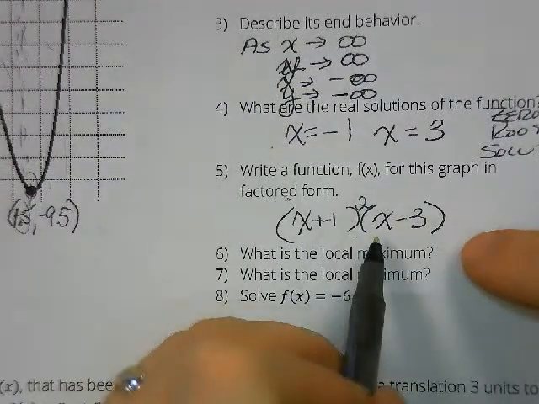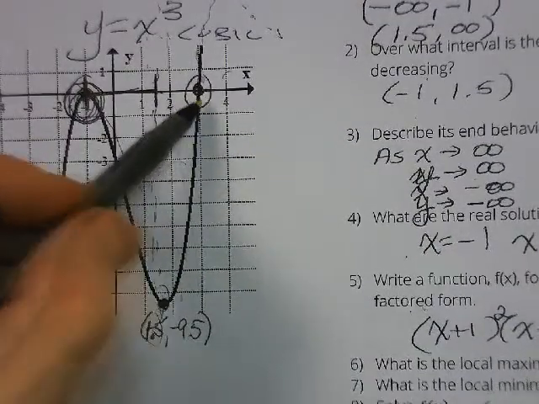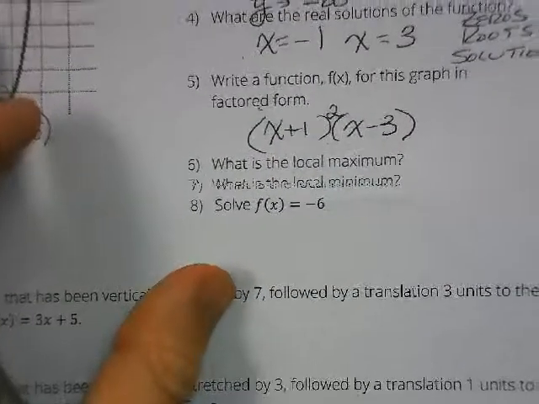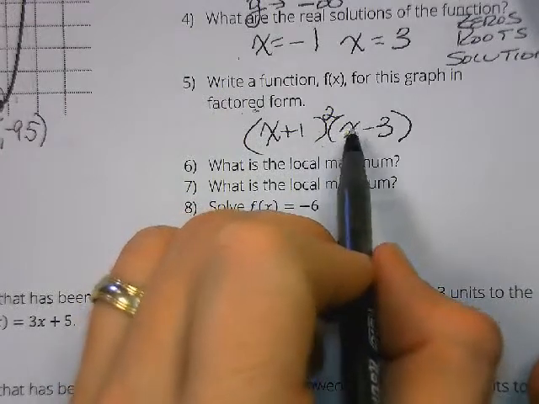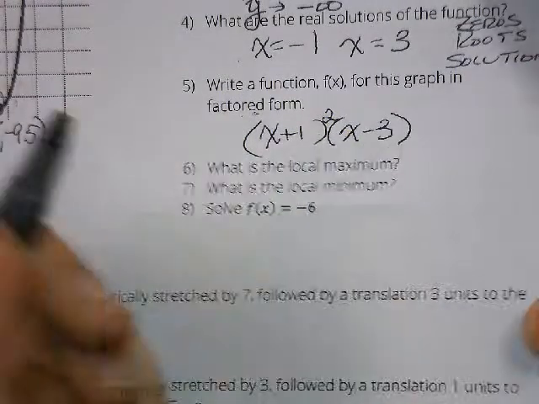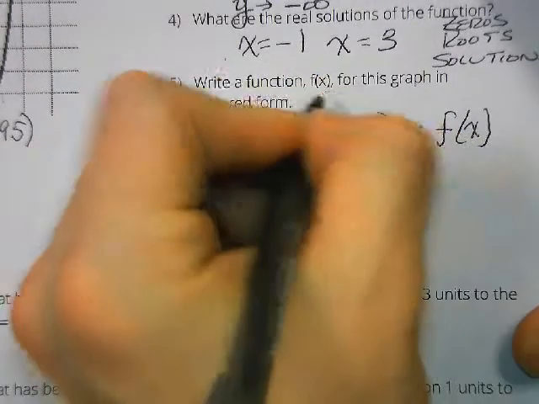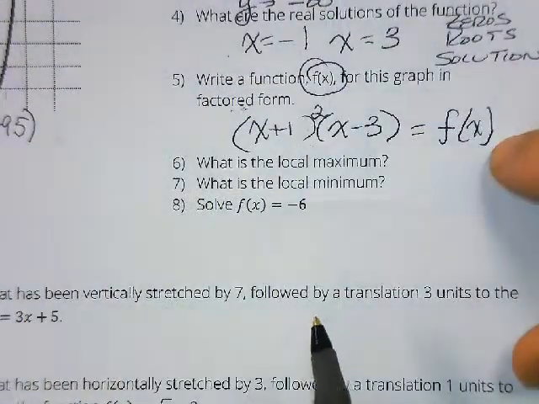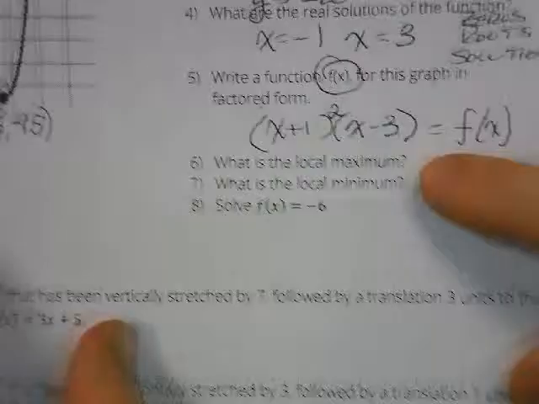Okay. So here we go. We have an x squared times x is now x cubed, and that's the cubic that we're looking for. So that's all 3 factors, and they told us to name this function f of x. So we're going to name it f of x. Maximums and minimums are just those points that we used for increasing and decreasing in number 1 and number 2 up here.